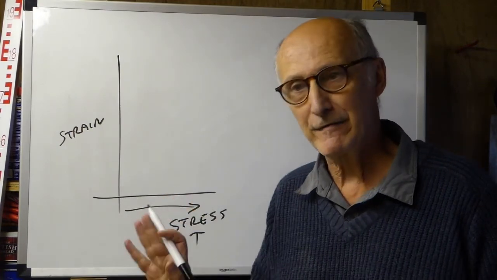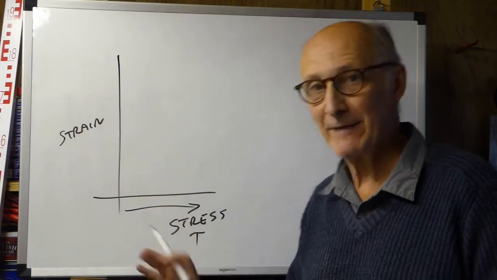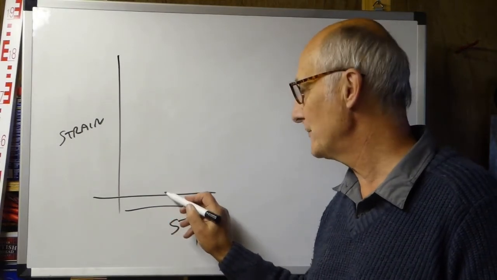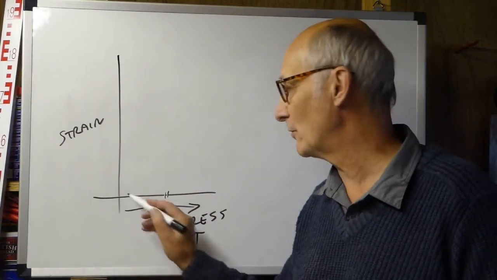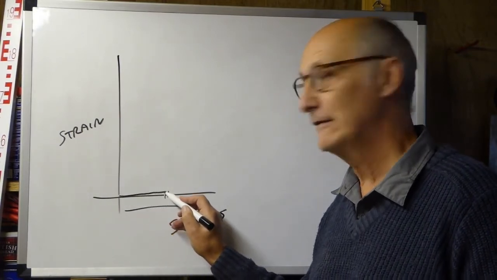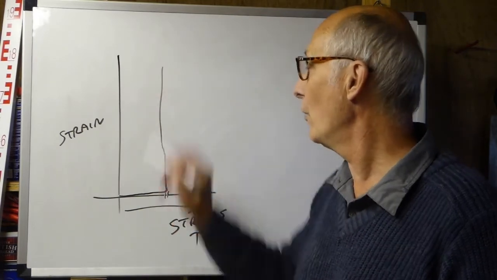I'm not applying enough stress to actually generate any strain or any movement. I push a little bit harder, still nothing happens. But if I push hard enough, I reach a critical threshold point, and then as I increase the stress further, strain now occurs, movement now occurs, but it occurs all at once.